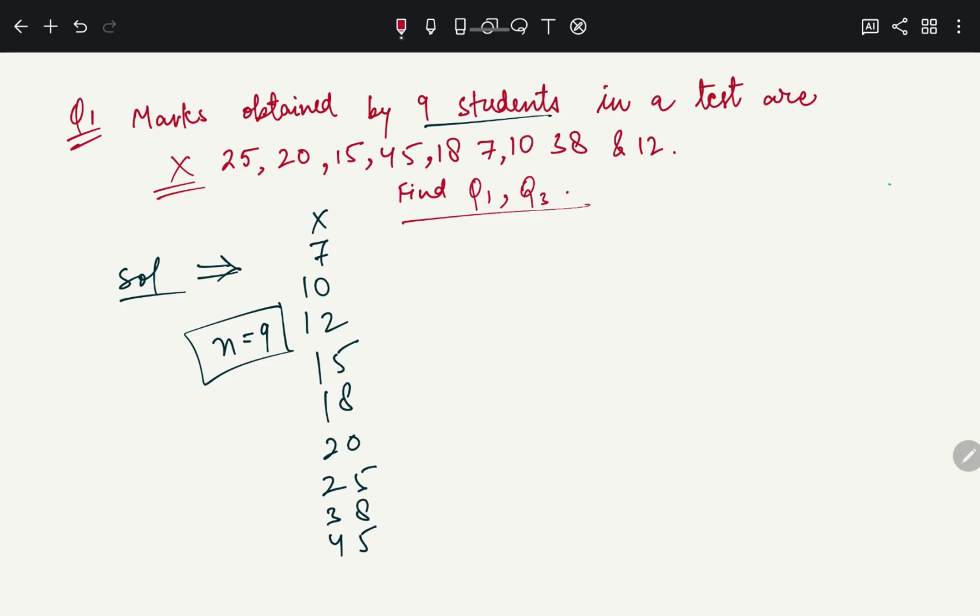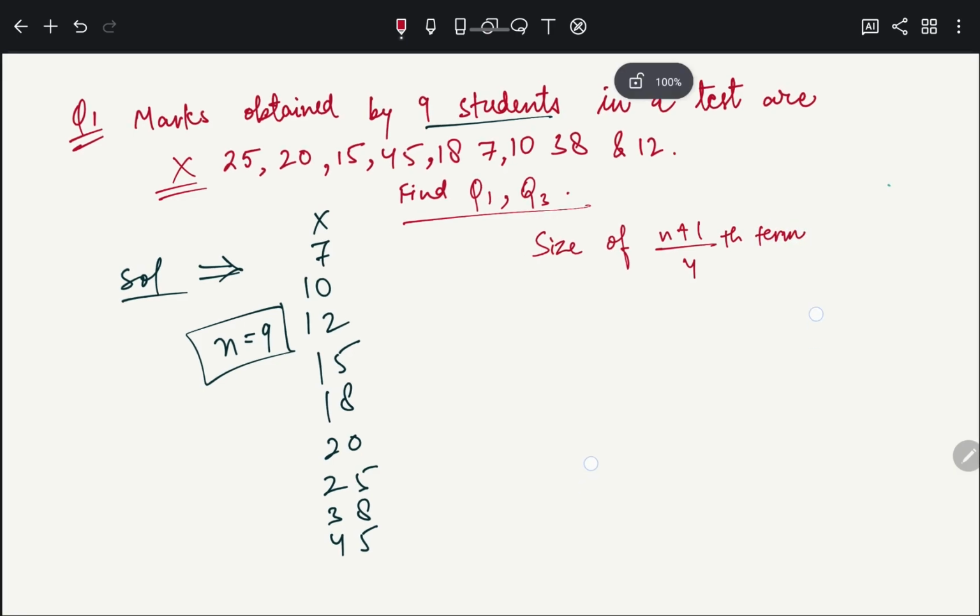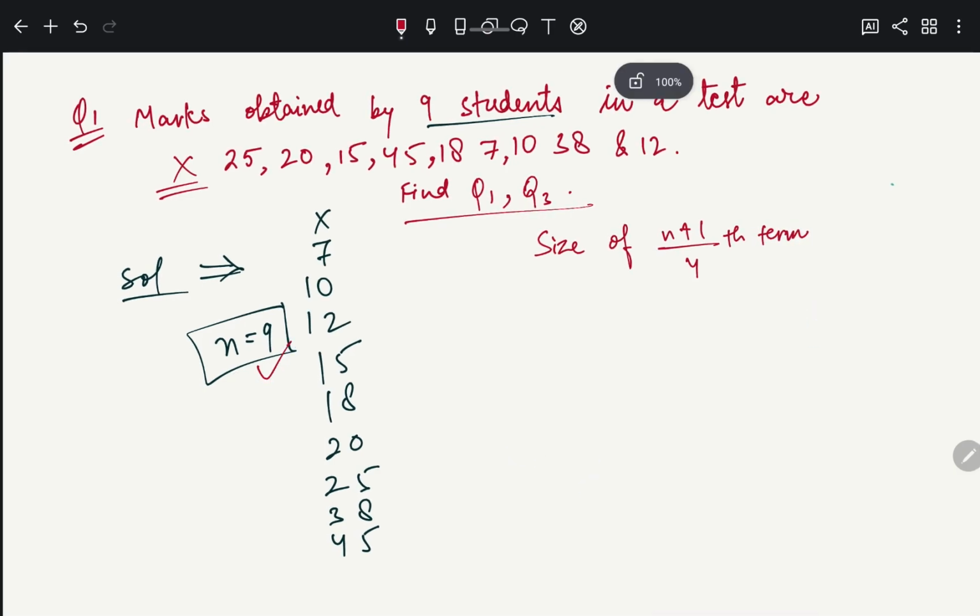It is the size of (n plus 1) by 4th term. So n is 9 here. We will put the values: Q1 is equal to (9 plus 1) by 4, 10 by 4 is equal to 2.5. So our Q1 will be the 2.5th term.